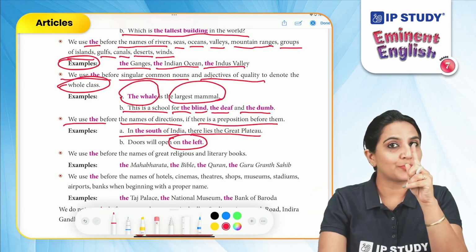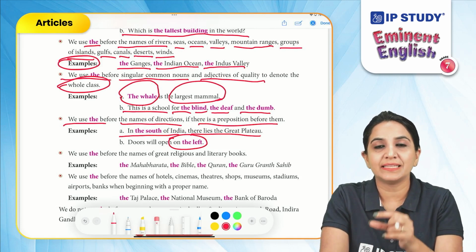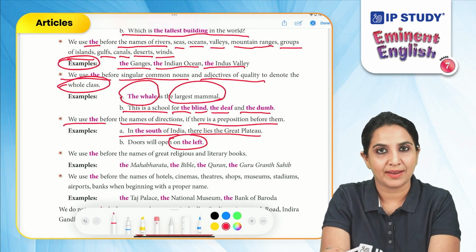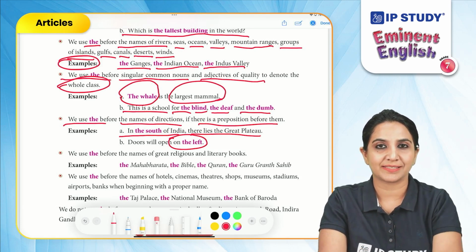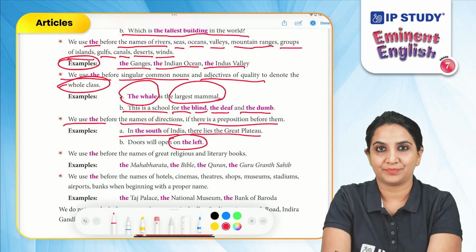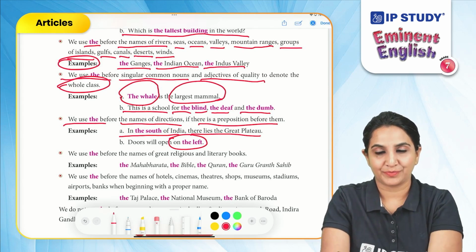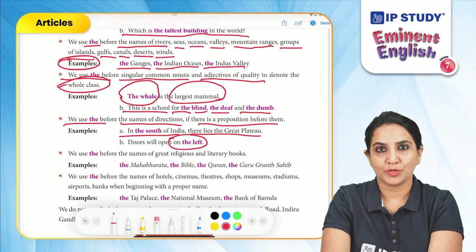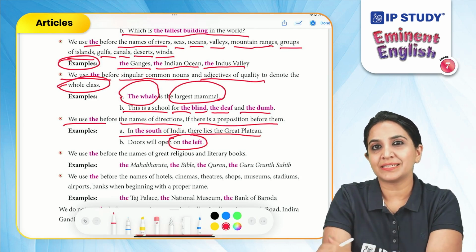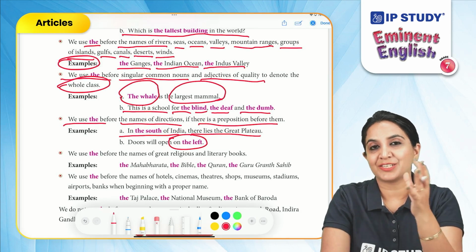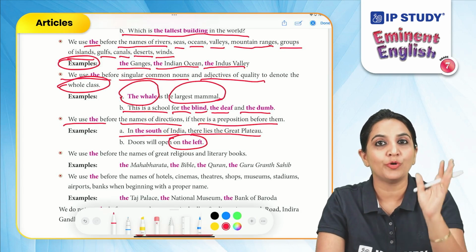And there is also one condition with that: there has to be a preposition as well. For example, in the west, in the east, on the left, on the right, to the left, to the right. So you can use article the with the directions, but there has to be a preposition as well before the article.